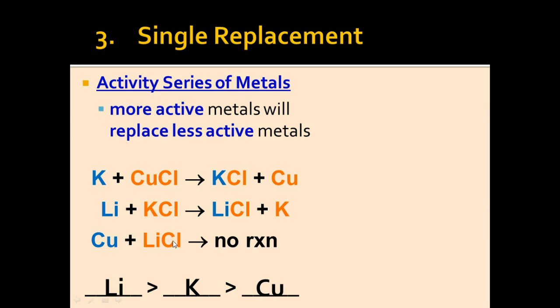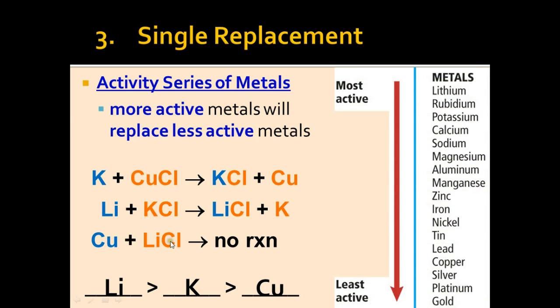Okay, and here we have a list of reactive metals, and the cool part is this actually checks out on this list. Here we have lithium as our most reactive, and it is in fact the most reactive. Then we have potassium next, underneath lithium, and then we have copper, Cu, all the way down here.